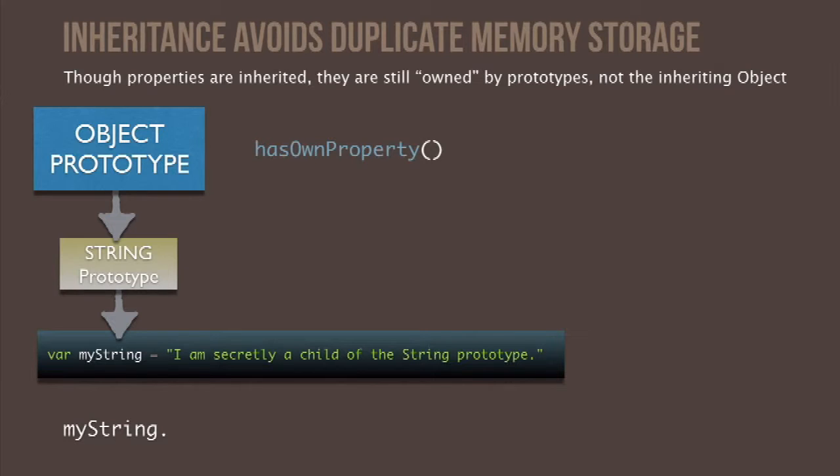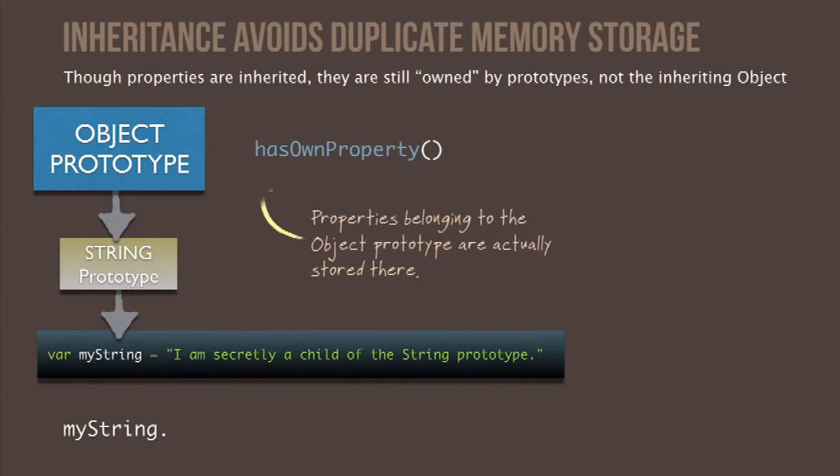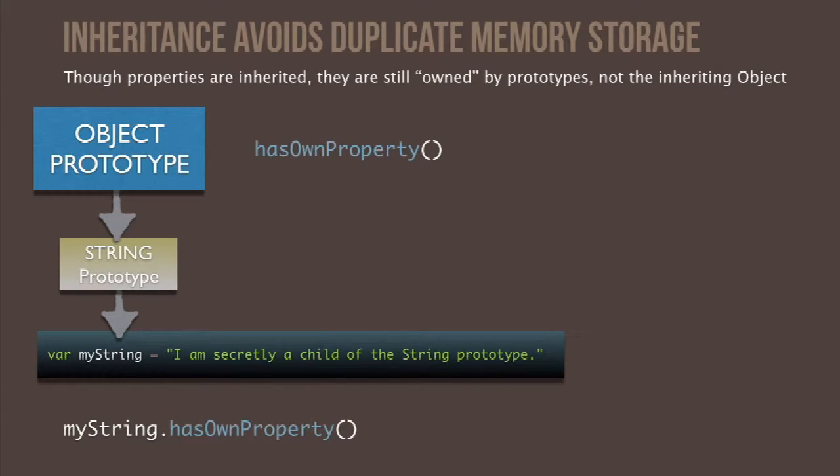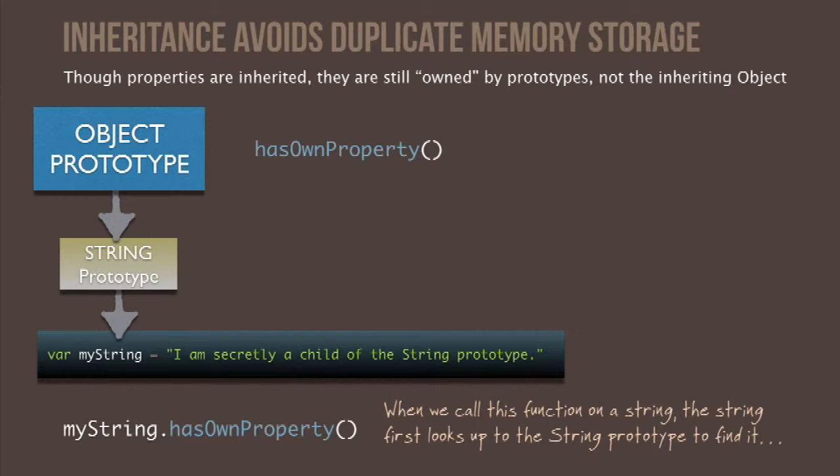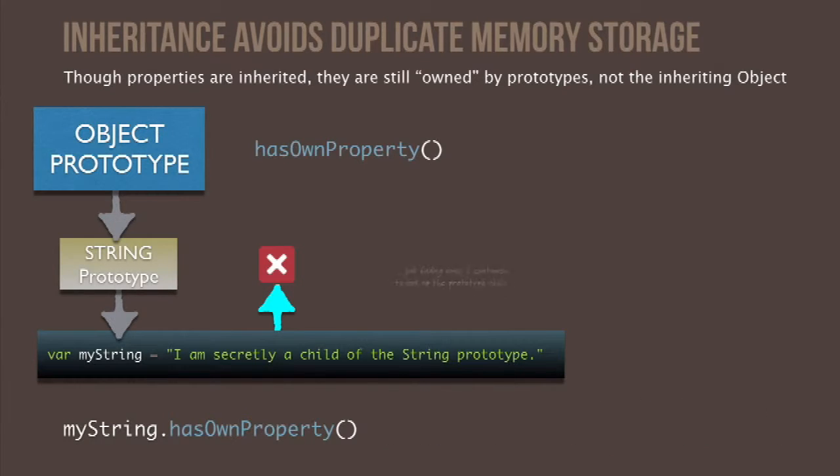For example, the hasOwn property is owned by the object prototype, so that when we would call it on myString, what happens is myString looks up to the string prototype to say, hey, do you have this hasOwn property thing? Because I don't have it. String prototype says no, and so the search continues up what's called the prototype chain.